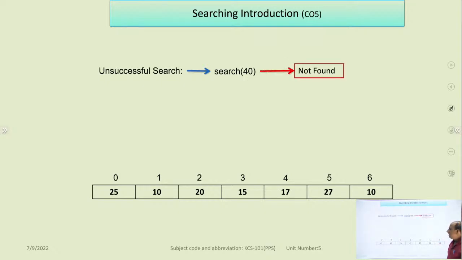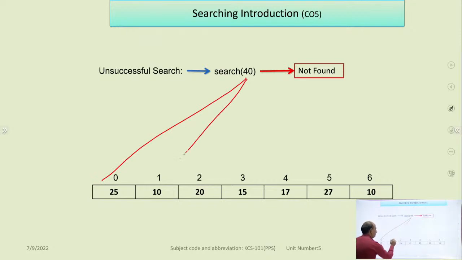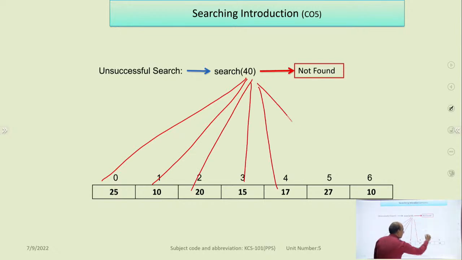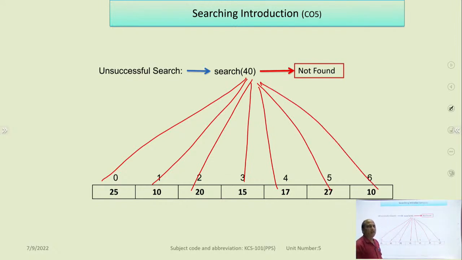In linear search, we first compare this data with the first element, then with the next element, then with the next, and so on. After checking up to the last element, we can say that 40 is not available in this list, which means this search is unsuccessful.